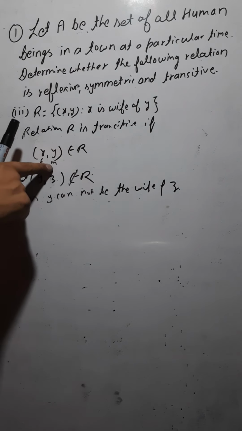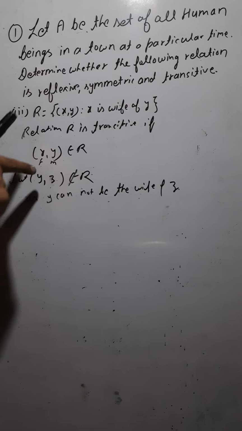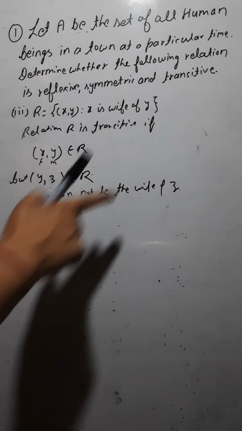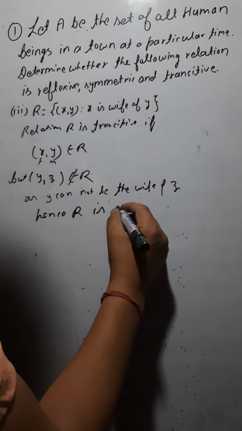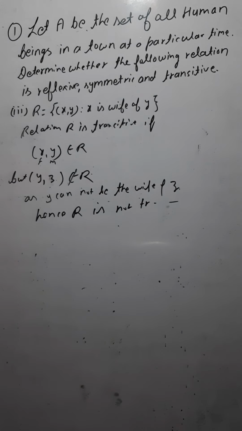Because y is male, x is the wife of y, so y cannot be the wife of z. Hence, relation R is not transitive. So this is how you would solve the given question. Just note it down.